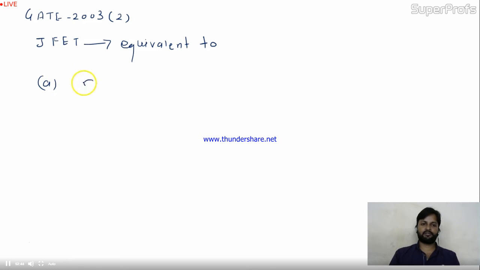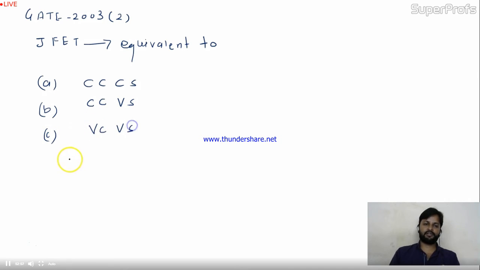Option A is current control current source. Option B is given, current control voltage source. Option C is given, voltage control voltage source, and the last option is given, voltage control current source.